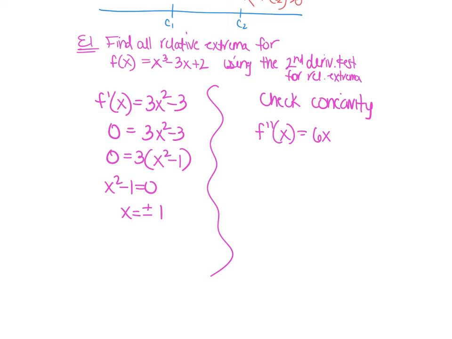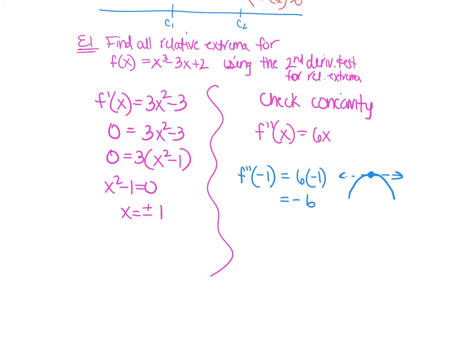So checking -1, f double prime of -1 equals 6 times -1, which is -6. Since f double prime at -1 is negative, our function there is concave down, and at -1 we have a relative maximum.